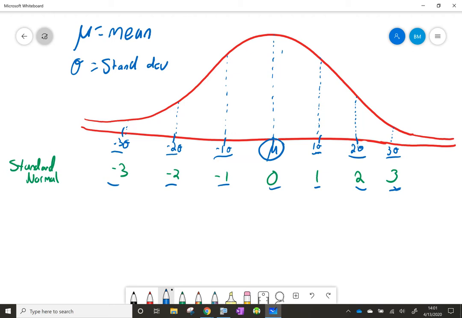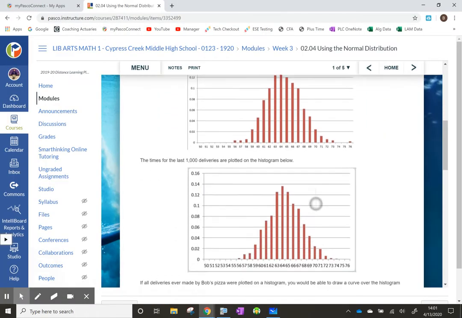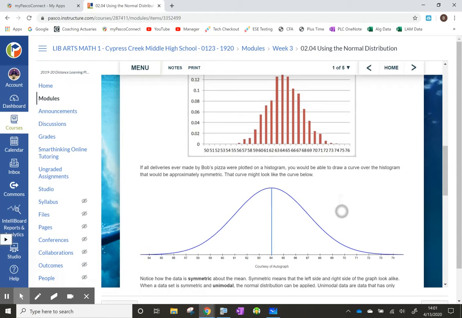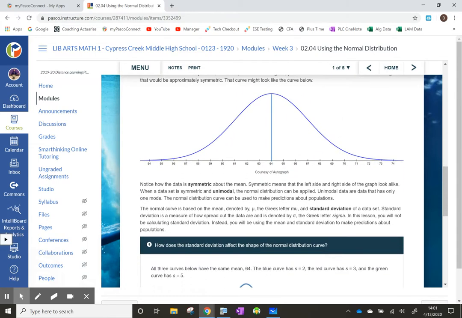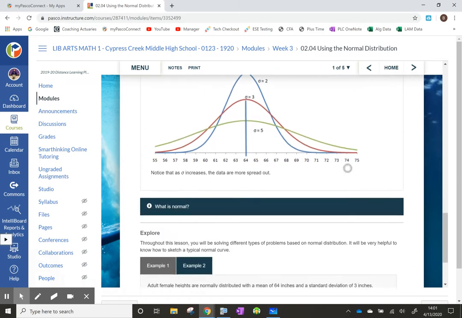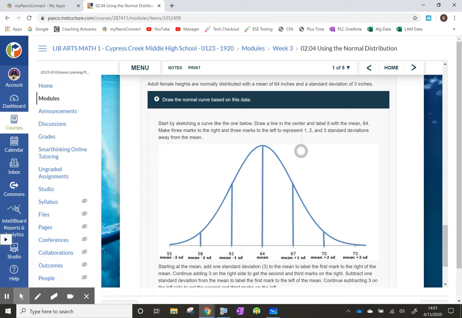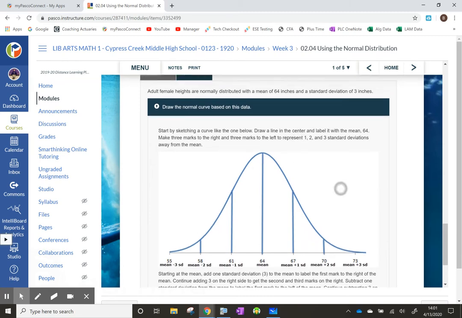But what does all this even mean, right? Well, let's talk about it. Let's go back to our graph of the pizza deliveries. Now, I don't really want to stick to the pizza deliveries too much. I kind of want to look at the example they have here.